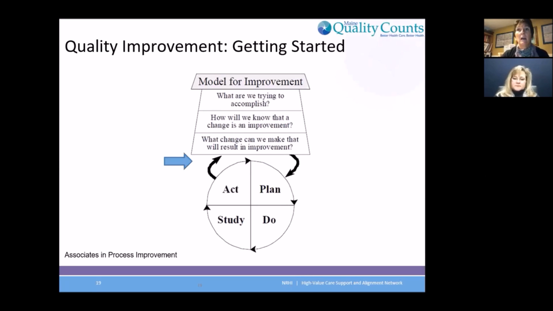The second question is, how will we know? How will we know the changes are improvements? I can remember working with teams many, many years ago, and we'd have team meeting after team meeting, and months later, we would be adjourning our team, and the question would come, well, how do you know you improved? Well, we think things have gotten really a lot better. We really feel.